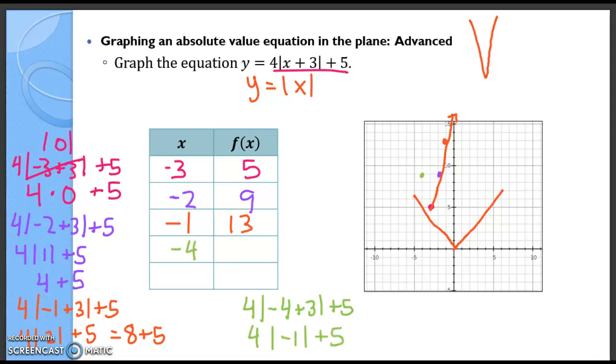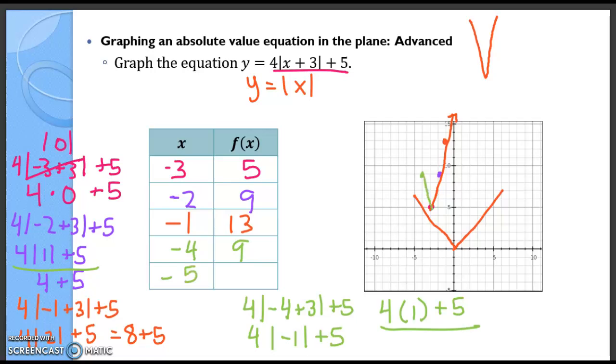Now you can see why these points get flopped back up and are the same as the point to the right of it, because the absolute value of -1 becomes a positive 1. 4 times positive 1 plus 5 is 9 again. Can you see that similarity? They're the same, right? The same thing is going to happen when you plug in a -5.